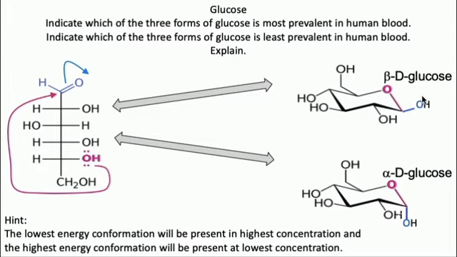So what's the difference in energy between these two molecules? The only difference structurally between these two molecules is the stereochemistry at the anomeric carbon. One hydroxyl points up, the other points down. Now, low energy generally means being more spread out in space.